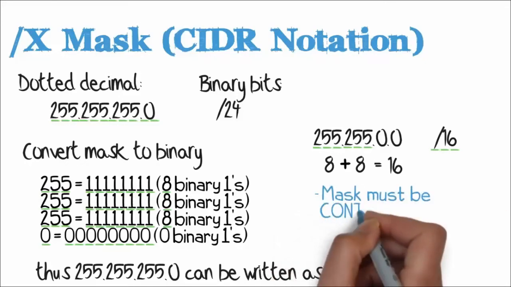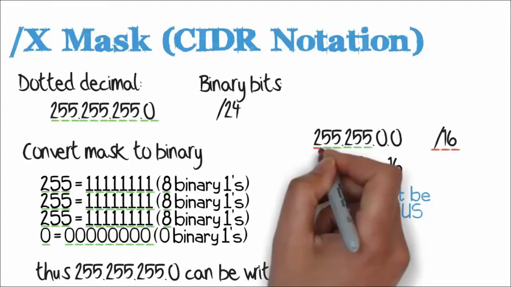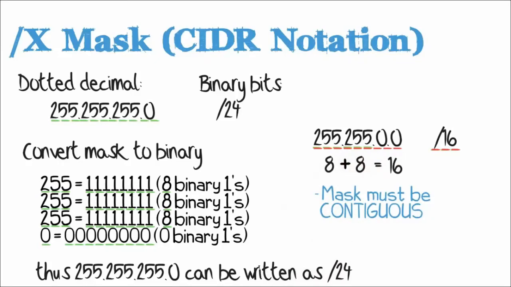Masks have to be contiguous ones, as mentioned previously, so this is simply another way of writing the subnet mask. /16 is equivalent to 255.255.0.0. Now there are various advantages to using CIDR, and there is a reason why the industry moved to the CIDR notation.